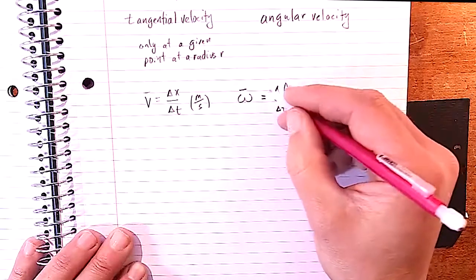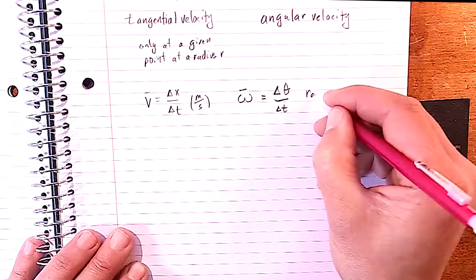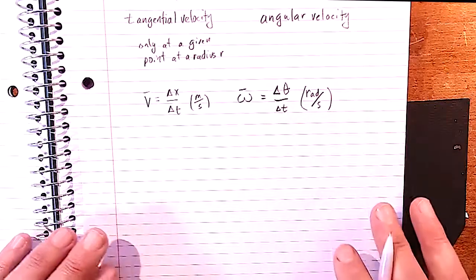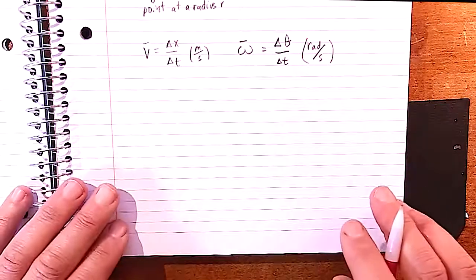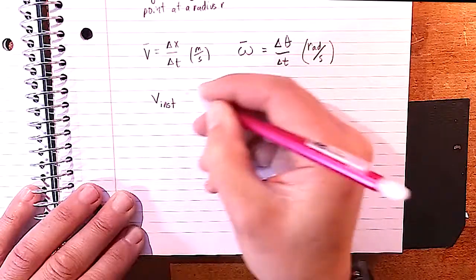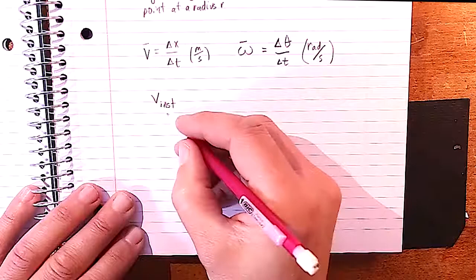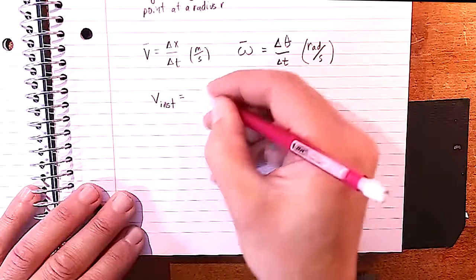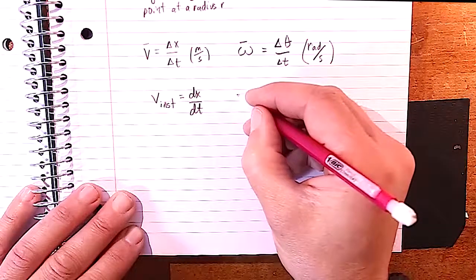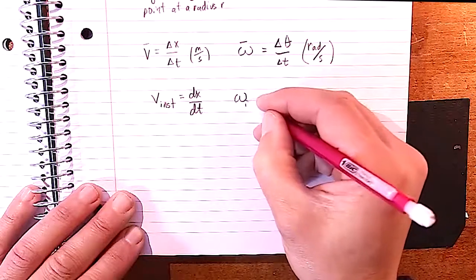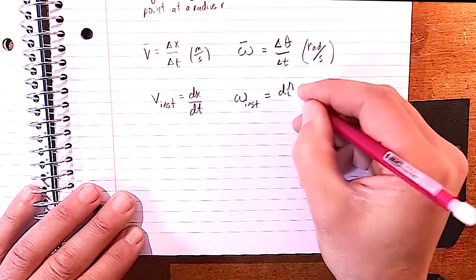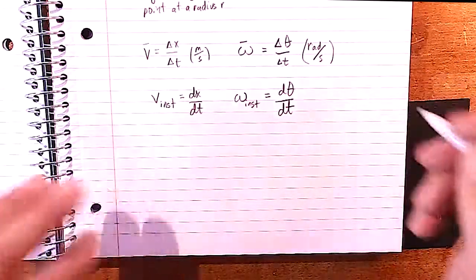And because this is an amount of radians, the unit becomes radians per second instead of meters per second. And if we want to know the instantaneous version of that, well, then we just take the first derivative. So the instantaneous tangential velocity is going to be dx/dt, and the instantaneous angular velocity would be d theta/dt.